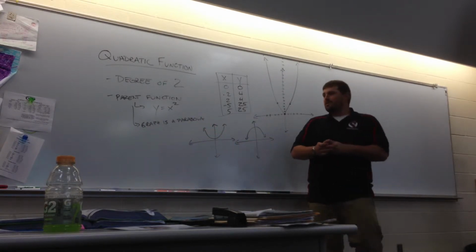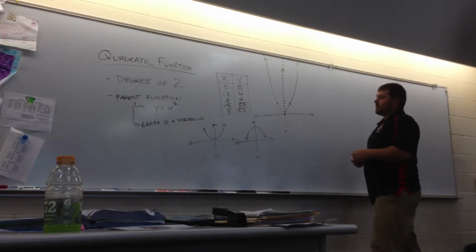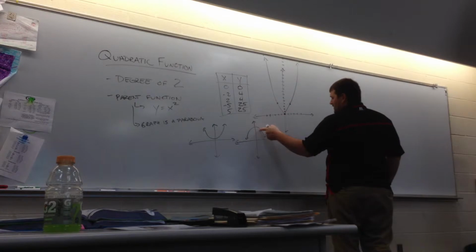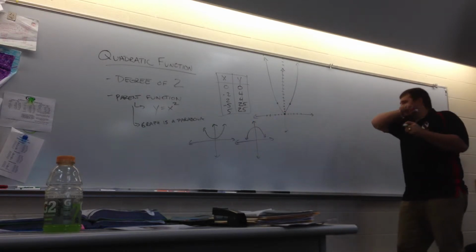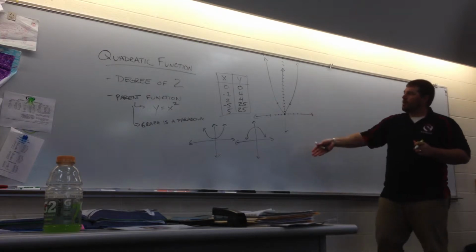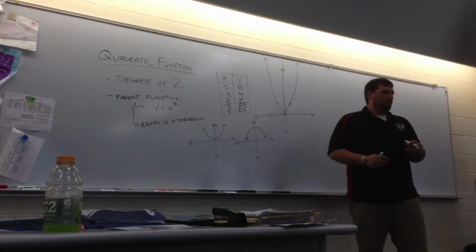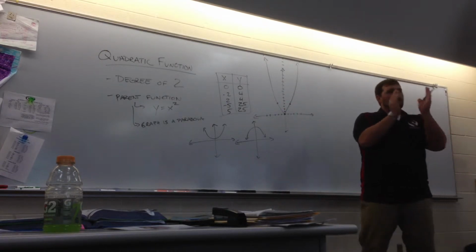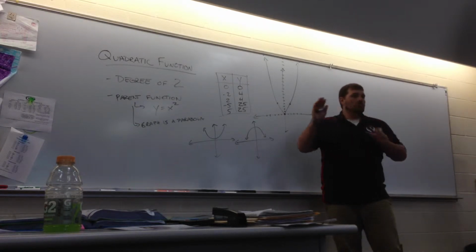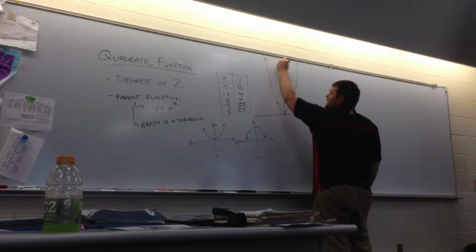Now, there's some other pieces to parabolas that we want to talk about. If we look at any of these graphs up here, we can draw a line right down the middle of them so that if we were to fold it on top of itself, it would go perfectly on top of itself, almost like a mirror.